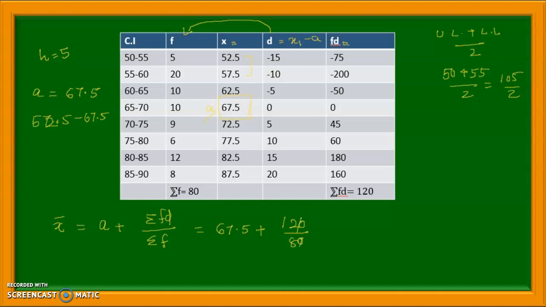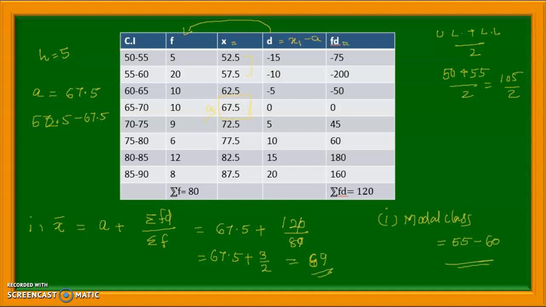Dividing both by 40, you will get 3 by 2. 3 by 2 means 1.5. 67.5 plus 1.5, you will get 69. 69 is the mean. Now it asks to find the modal class. The modal class we already got, which is 55 to 60. That's all.